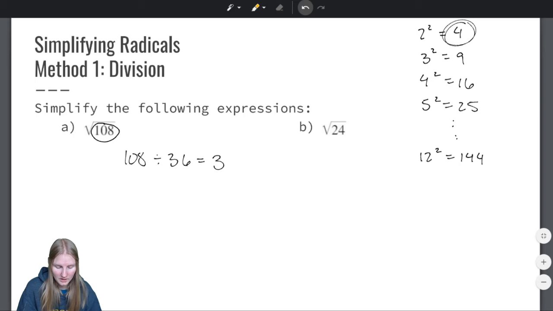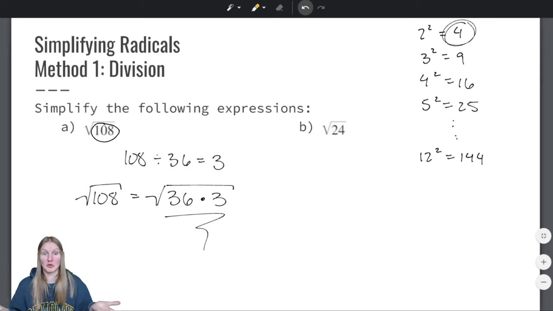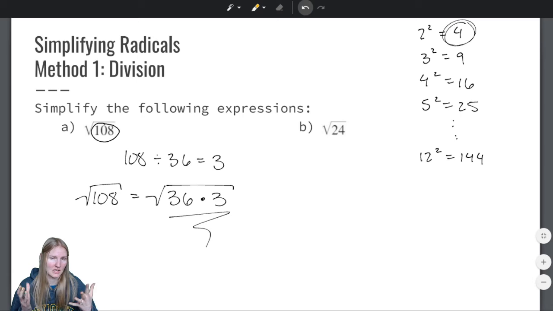That is good, because now we can rewrite the square root of 108 as the square root of 36 times 3, because 36 times 3 is 108. That's what we discovered when we divided 108 by 36 and we got 3. We said, oh, that means that 36 times 3 is 108.